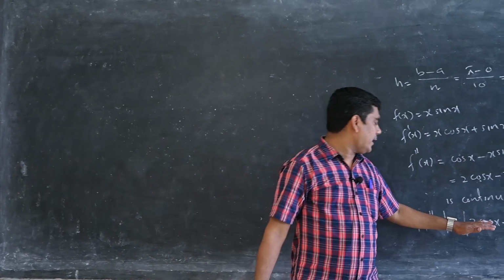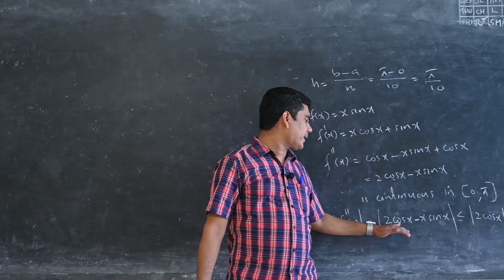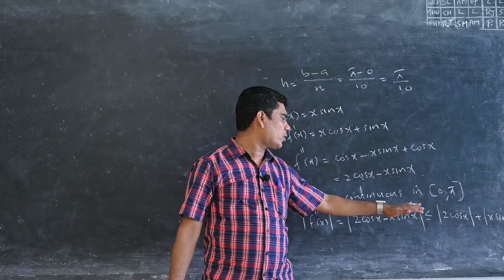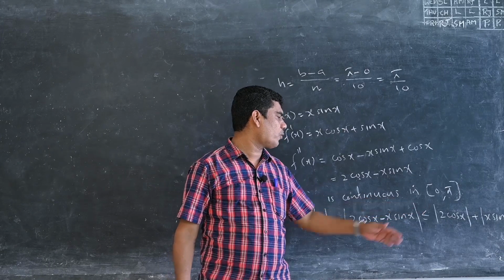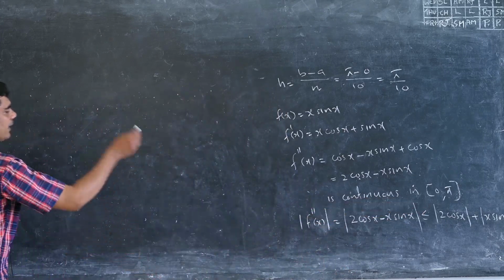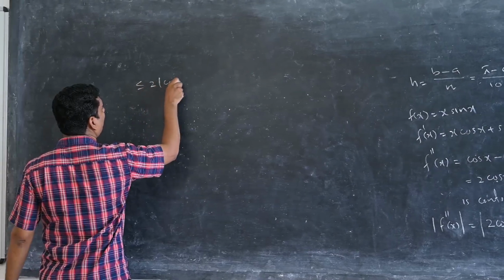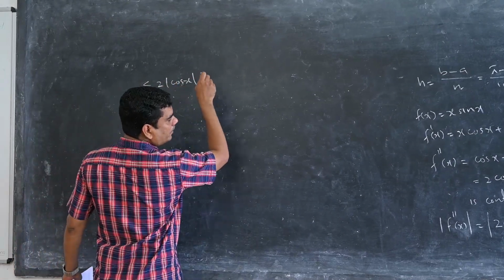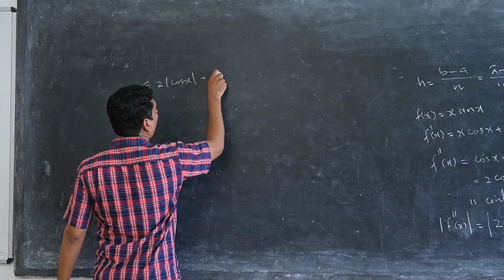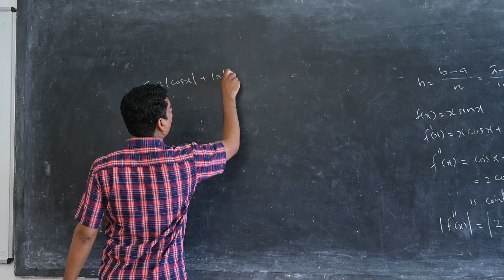By property of modulus, this is less than or equal to modulus of 2 cos x plus mod x sin x. Now that is less than or equal to 2 mod cos x plus mod x into mod sin x.